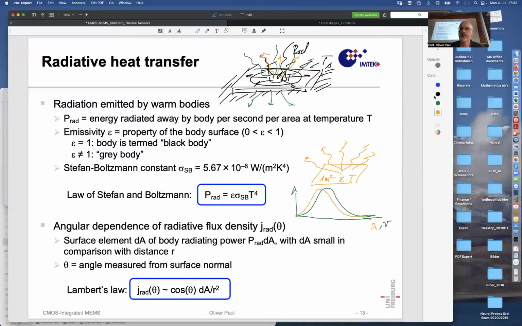This is the radiative power U per wavelength or per frequency that is radiated away. If you integrate this whole thing over all frequencies or over all wavelengths, then you obtain this radiative power.